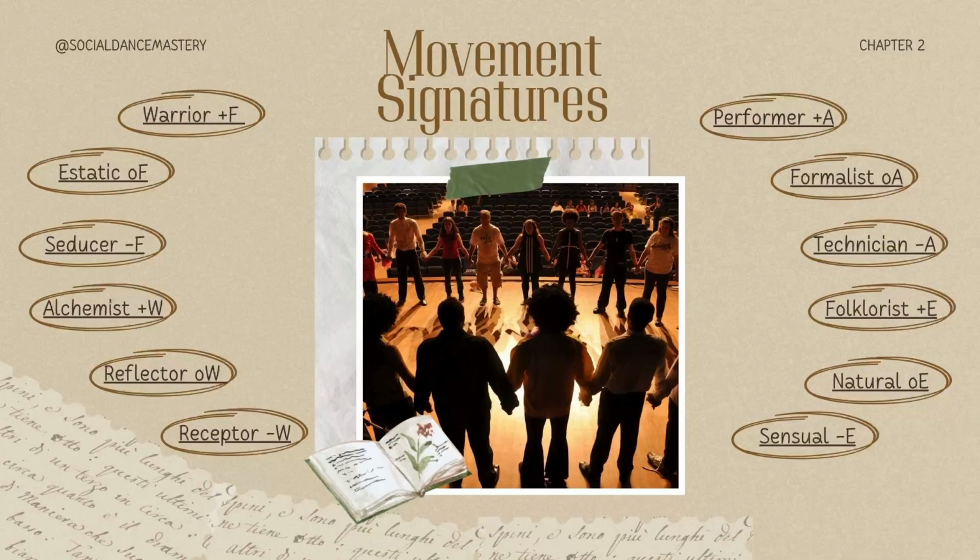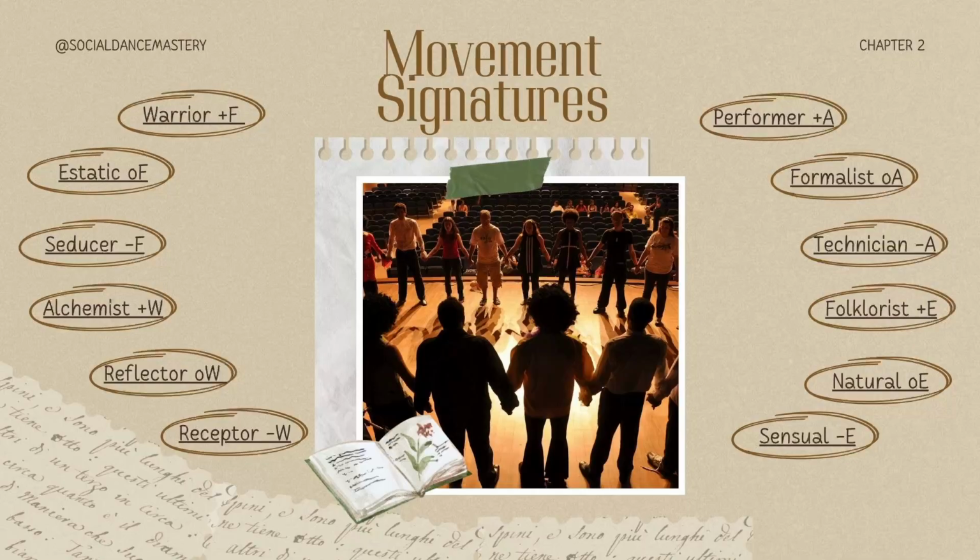Each signature has its own rhythm, presence, and way of connecting with others. It has its own harmonies, disharmonies, compatibilities, incompatibilities, and all of its other traits that come with that specific movement signature. And remember that each movement signature is composed of a polarity, an element, and a charge.